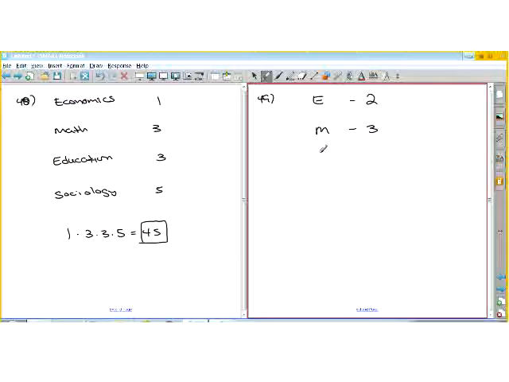And minorities is sociology, and women in America is sociology. So as far as education, we have 4, and then for sociology, 2 are filled, so we only have 3. So again, you just multiply these together, and you'll get 72 arrangements of courses.